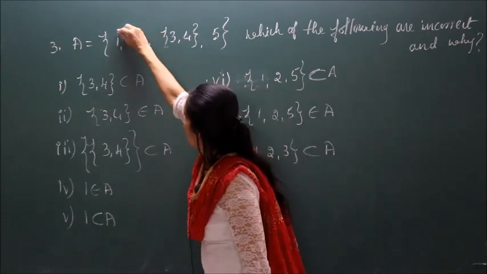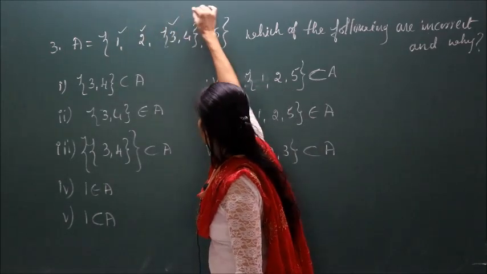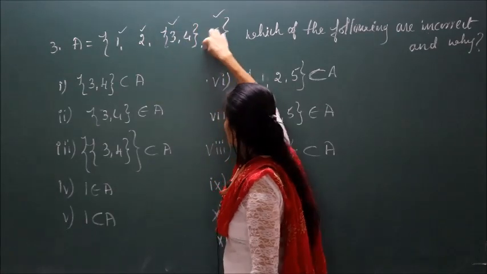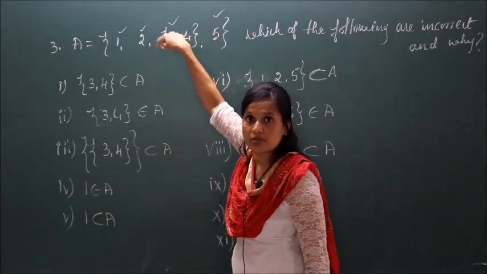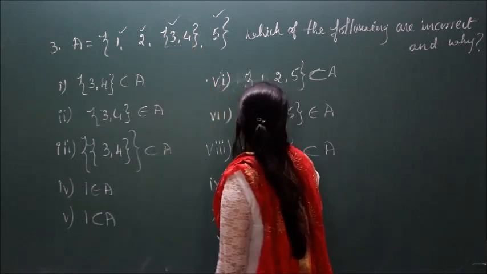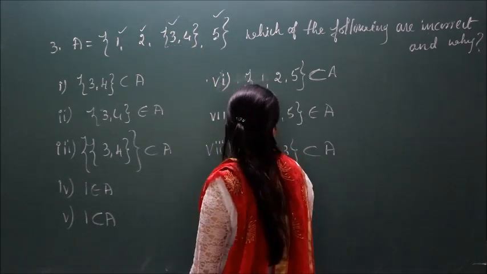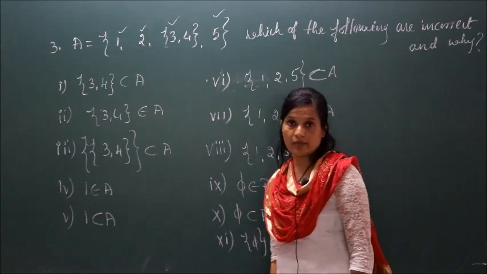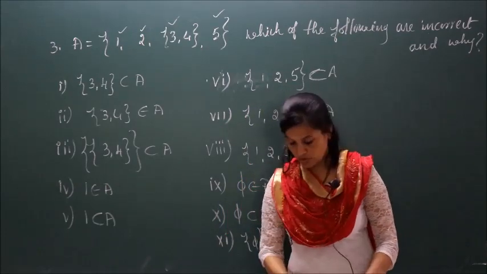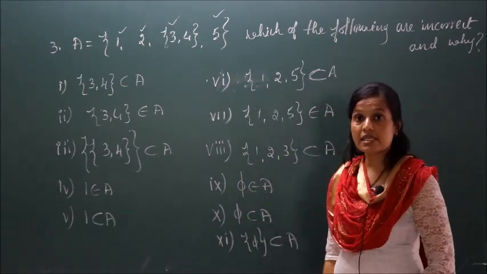Only 4 elements: 1, 2, 3, 4. We are considering this as a single element. Which of the following statements are incorrect and why? If it is incorrect, you have to say why it is incorrect.